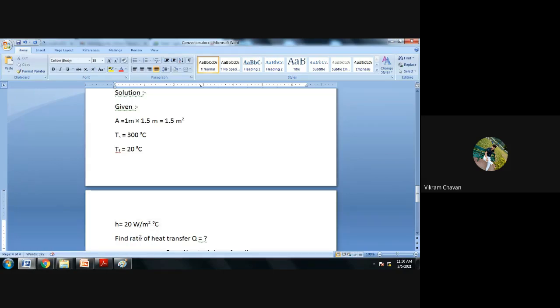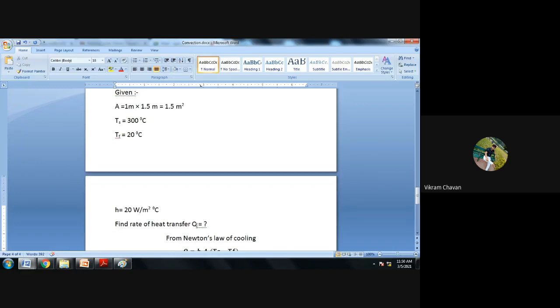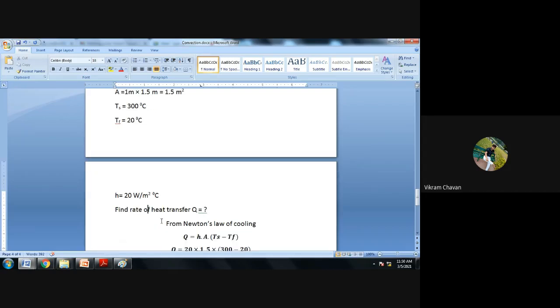And we have to determine the rate of heat transfer by convection. That is Q we have to determine. Then we know Newton's law of cooling for convection: Q is equal to H multiplied by A multiplied by (TS minus TF).